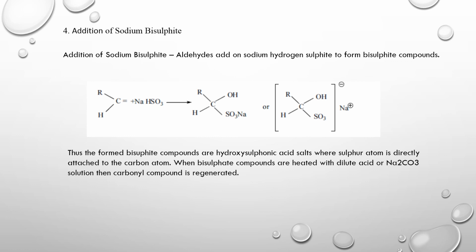When bisulfite compounds are heated with dilute acids or sodium carbonate solutions, the carbonyl compound is regenerated. So again, carbonyl compounds are recovered. So this is about the addition of sodium bisulfite.